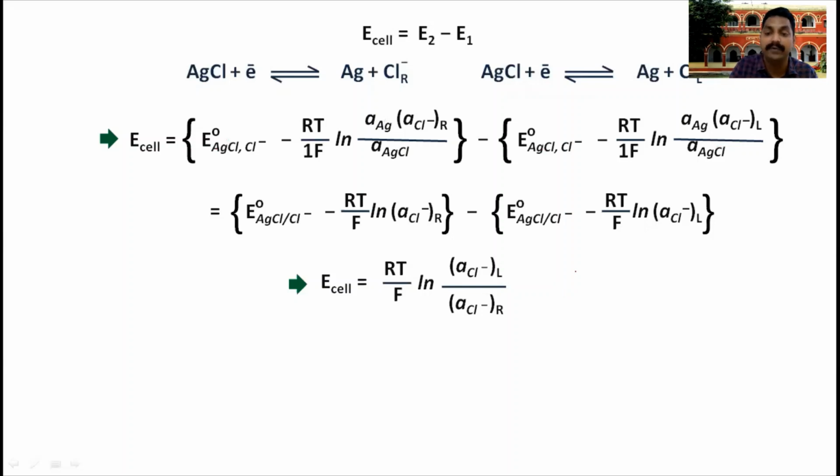Now when we take activity of HCl, how can we write? This is equal to activity of H plus ion into activity of chloride ion. Now what is mean ionic activity? Mean ionic activity A plus or minus is equal to square root of activity of H plus into activity of Cl minus.